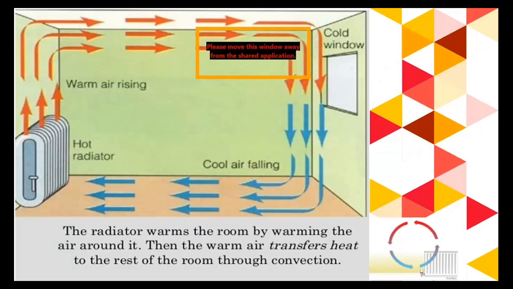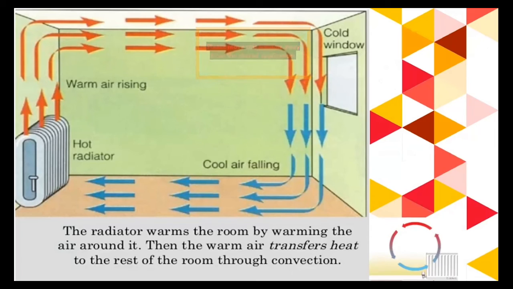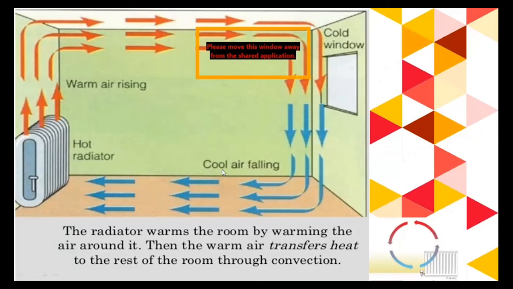The radiator warms the room by warming the air around it. Then the warmer air transfers heat to the rest of the room through this process known as convection. And as you see, again, you have the same diagram: warmer air rising, the cold window induces it to fall down, cool air falling comes to the radiator again, and warmer air rises because we said that it has greater volume but less density.